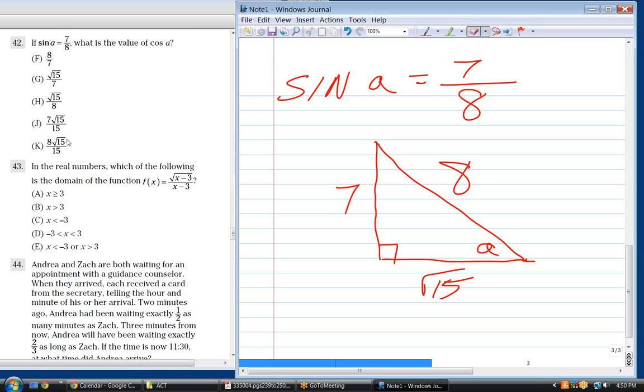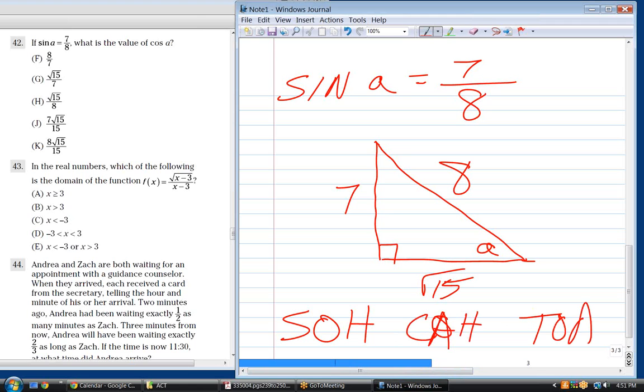So SOHCAHTOA. I emphasize the CAH like a crow calling, because in SOHCAHTOA the middle could be anything. You know what I'm saying? If you said CO, it could be like that. So to make it CAH, you have to say SOH CAH TOA.